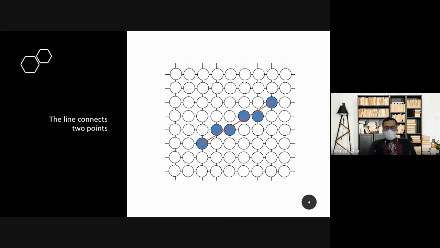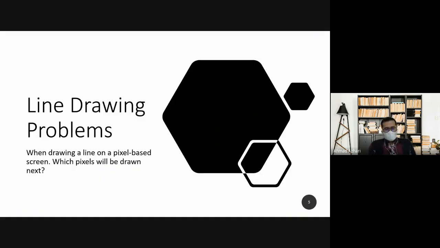It is so easy when we draw a line on paper. We can draw by putting one point to the next point and making a straight line. But when we draw a line on a computer with a pixel-based screen, we found some problems.